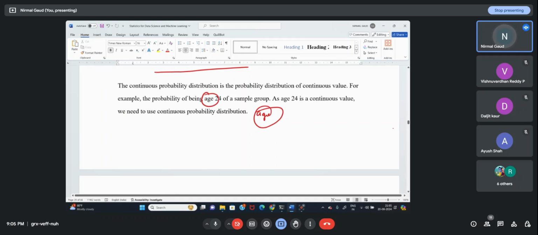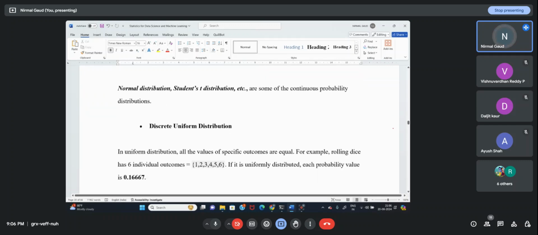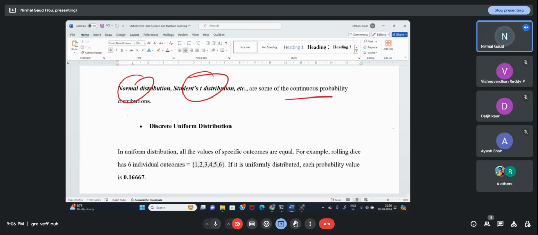We can represent age in between intervals. Any value which can be represented in an interval will be continuous in nature. For example, normal distribution and student t distribution are famous continuous probability distributions, in which normal distribution is our reference distribution.